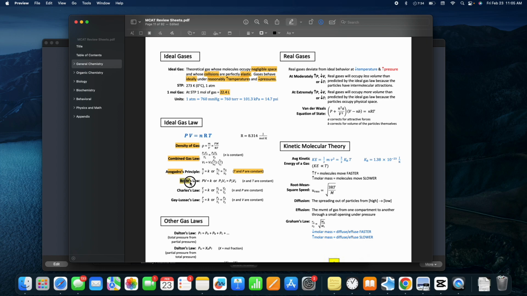In Boyle's law, n and T are constant, so PV equals k, or P1V1 equals P2V2.